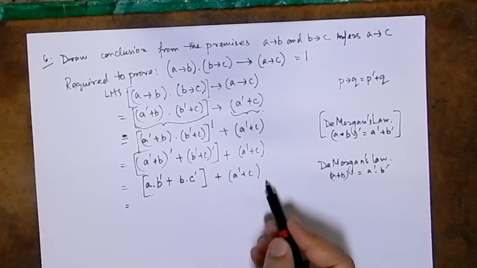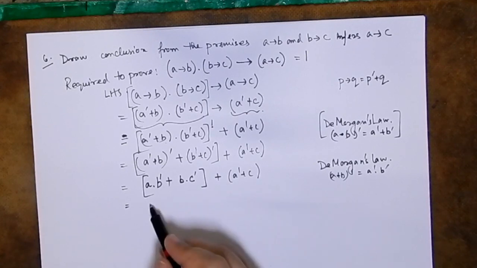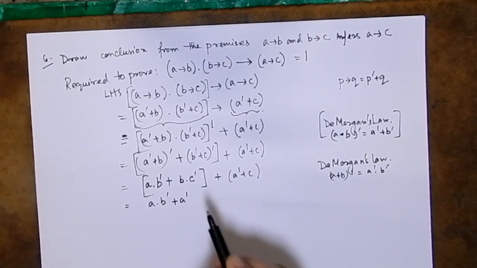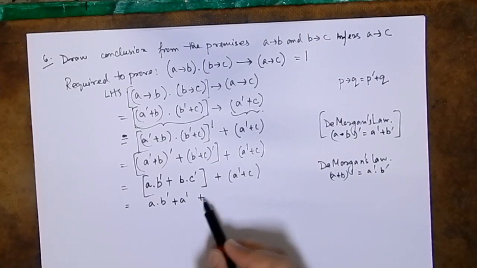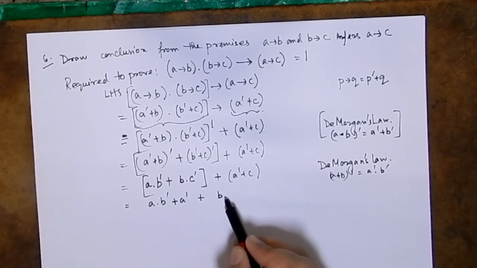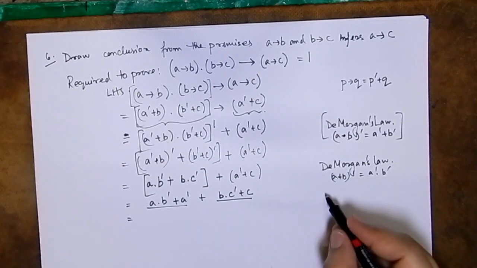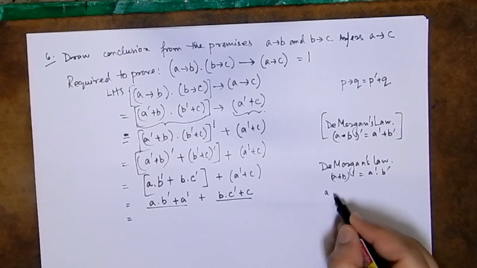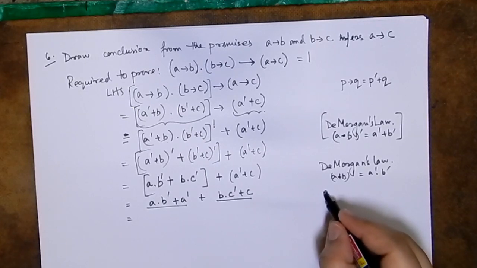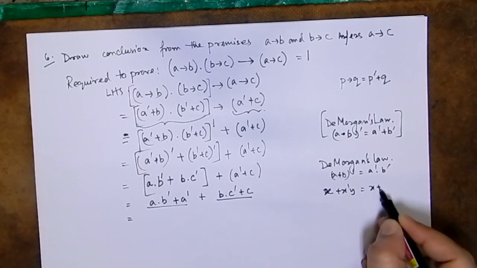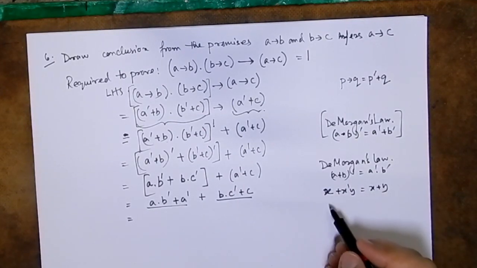Now if you open the brackets, you will see that A dot B dashed plus A dashed will form a useful pair, and over here B dot C dashed plus C will give you another useful pair. Now again we will be using that distribution law, that I'll write in terms of X plus X dashed Y is equals to X plus Y. Now in this case X is A dashed.